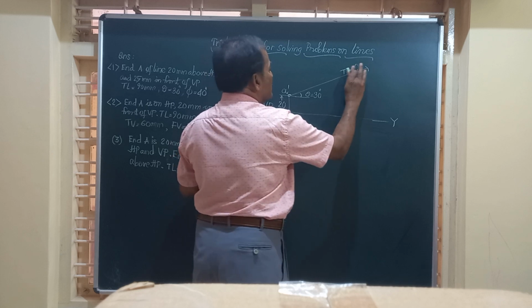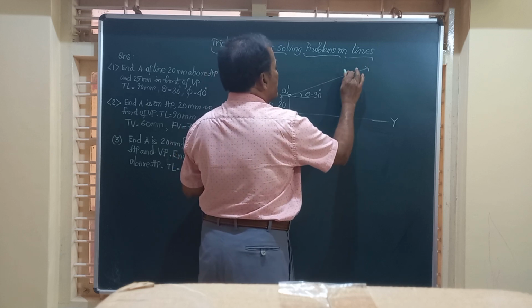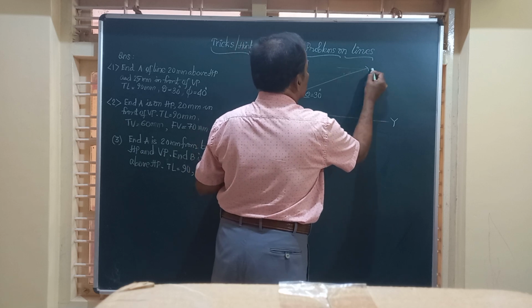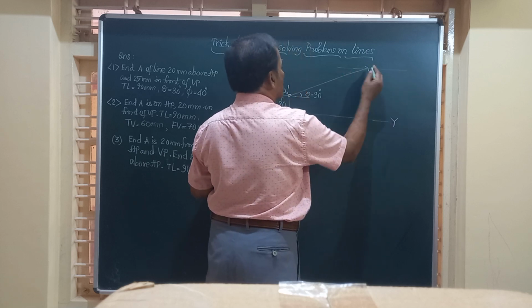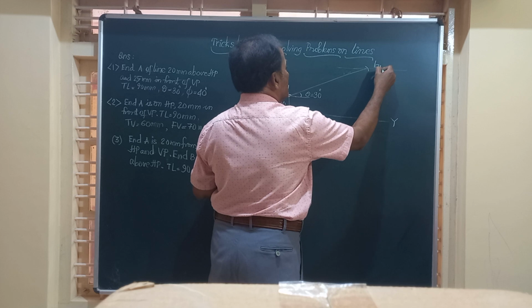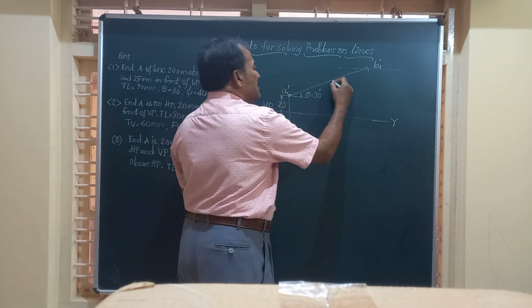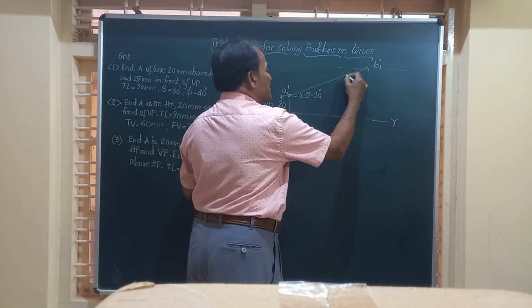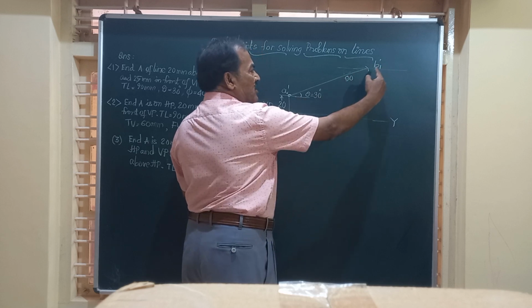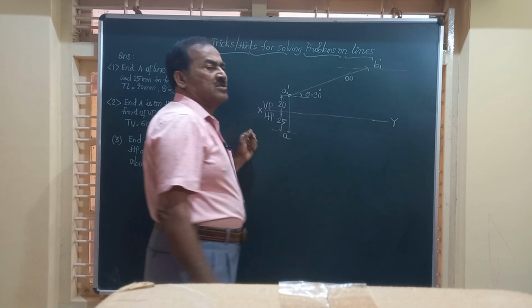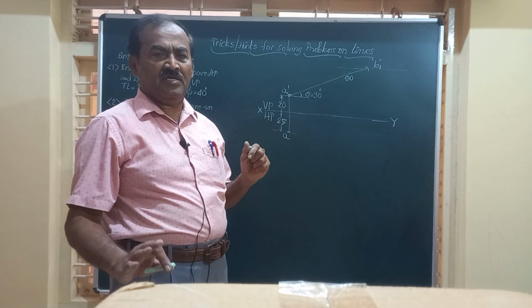And friends, we are going to draw a line through this, and this point we call B1 dash. A dash B1 dash is 90 millimeter. I'll just show here. This is 90 millimeter long, and this will give you the locus of the end B.